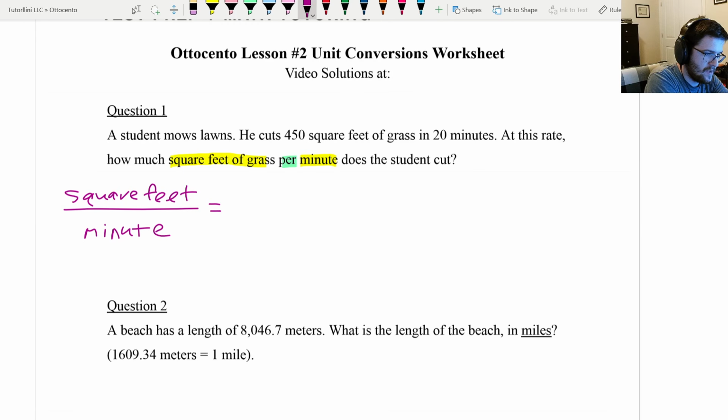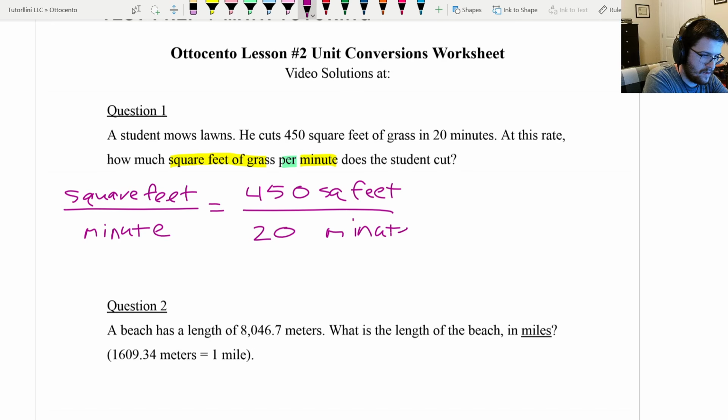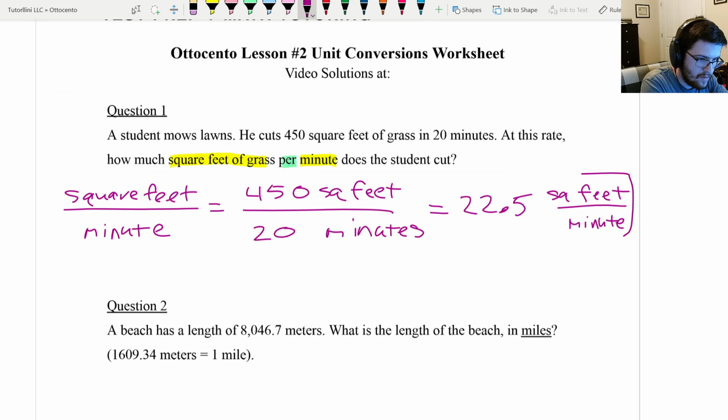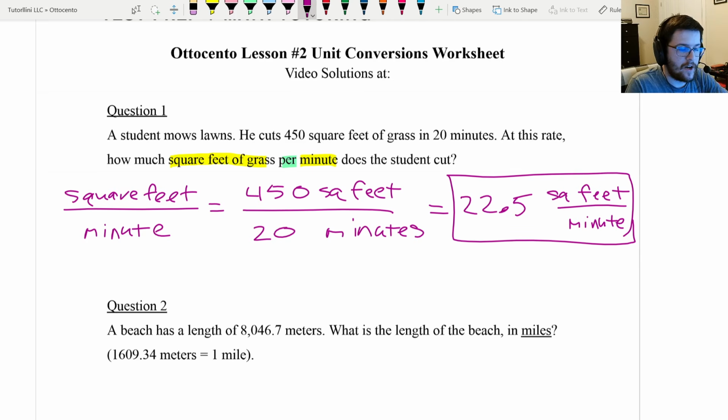So we're going to put the 450 square feet on the top, you could write it as feet squared if you want, over 20 minutes. Let's see what that gives us. 450 over 20 is 22.5 square feet per minute, which is our answer.